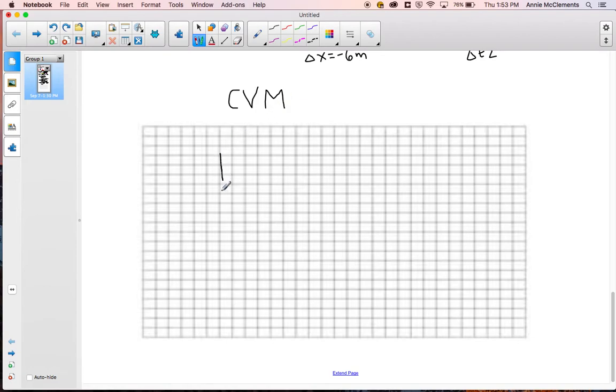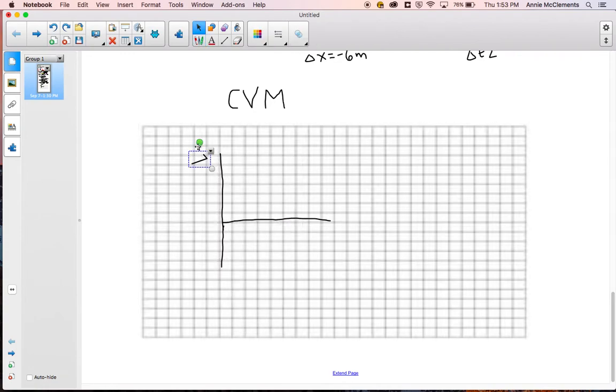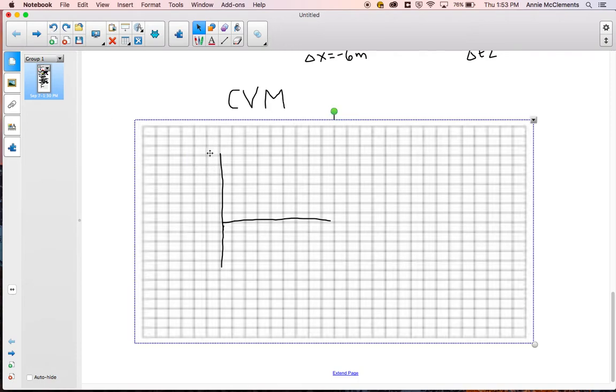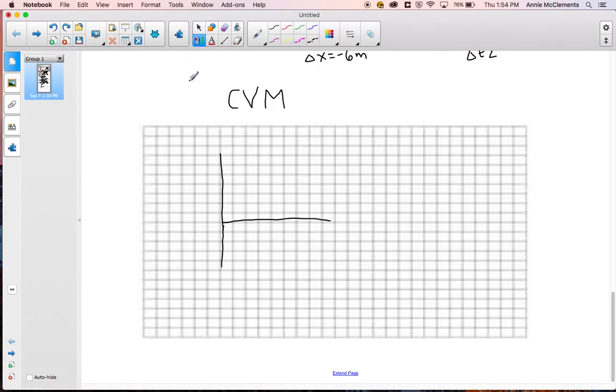If we're going to check out a position versus time graph, right? Let's go. So we have x and t, position versus time.